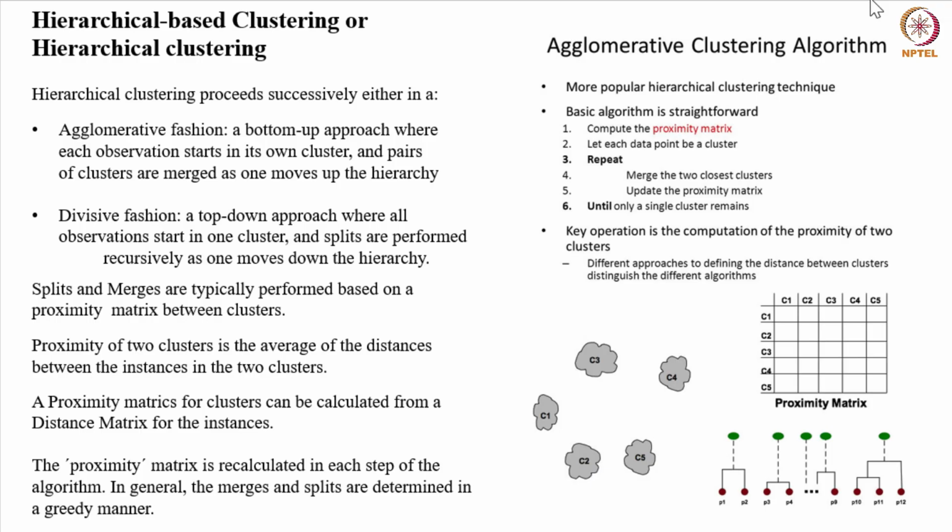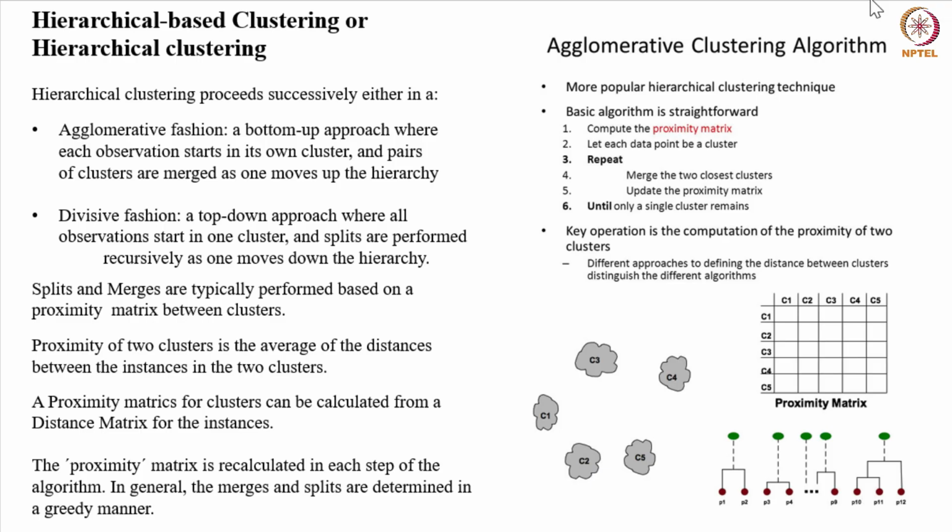Splits and merges are typically performed based on a proximity matrix between clusters. And here it's important to understand that there are two concepts of distance. First you have the basic distance between instances. So for this kind of system, you start with a distance matrix between the instances.